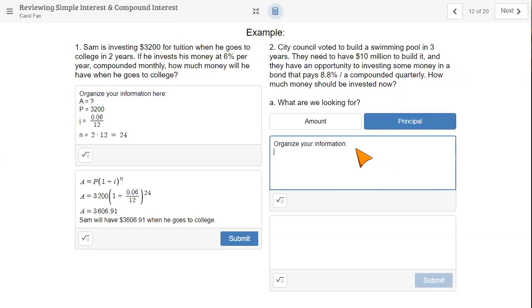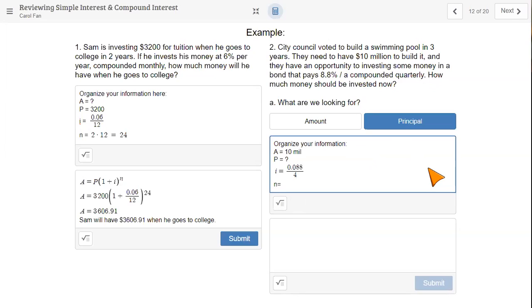Okay, so let's organize the information. We know that the amount is 10 million. The principal is currently unknown. Interest rate i is 0.088 divided by 4, because we have our percent first expressed as a decimal and then divided by 4 so that this is done quarterly.